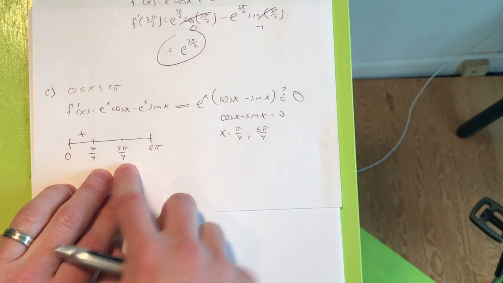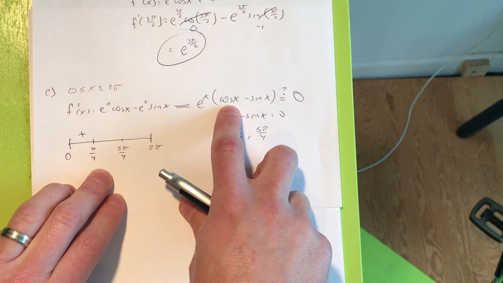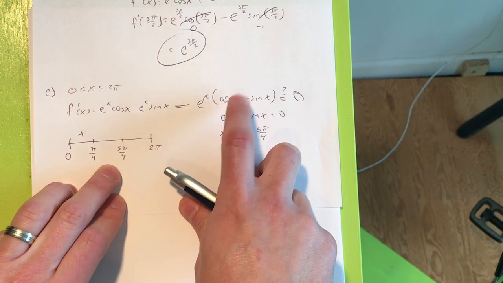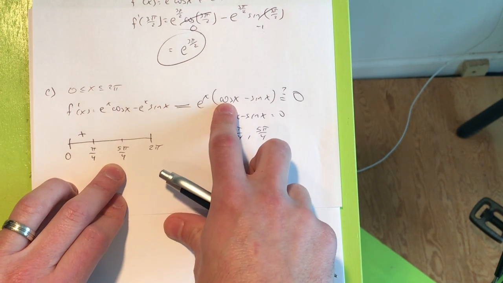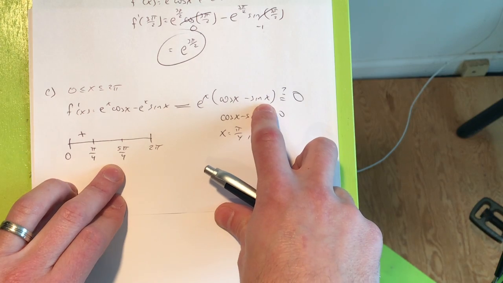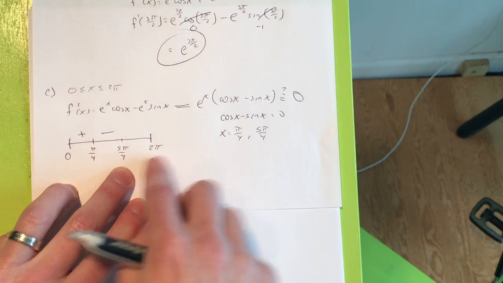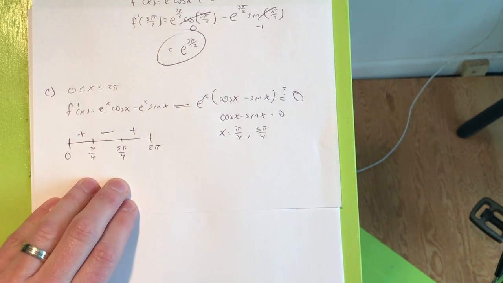From pi over 4 to 5 pi over 4, cosine is always less than sine. Is that right? Cosine is always less than sine. Thinking pi over 2 to 5 pi over 4, cosine is negative, and that's going to be negative as well. So we're always negative. From 5 pi over 4 to 2 pi, we're back to being positive.